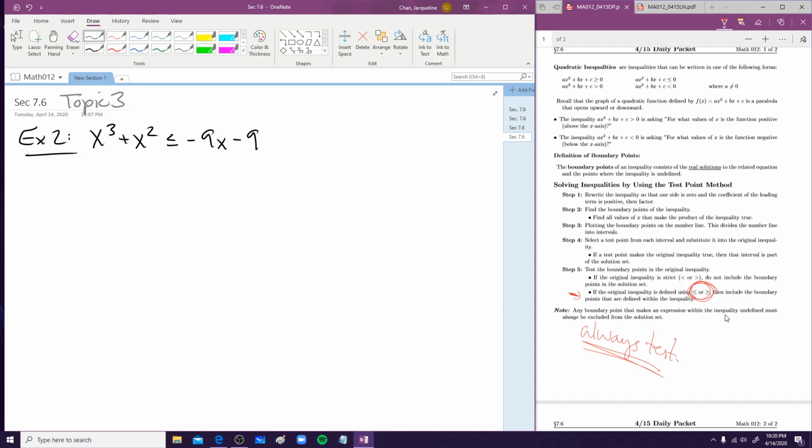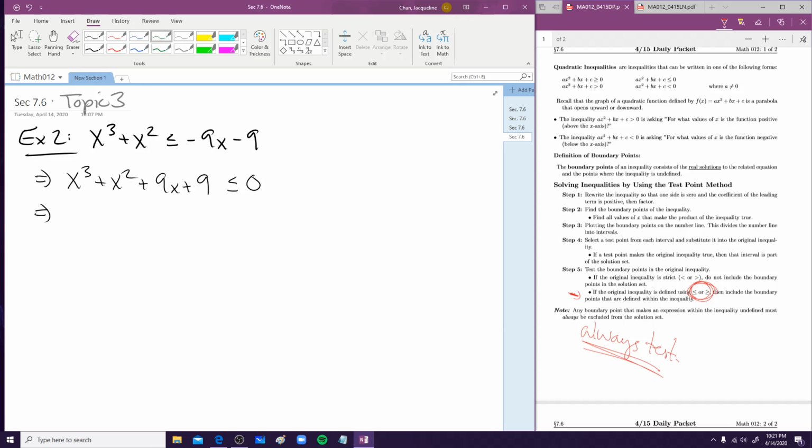Over here, our leading term is x cubed, and its coefficient is positive. So we're going to move the terms from the right over to the left. When we do that, we get x cubed plus x squared plus 9x plus 9 less than or equal to 0. So how do we factor this?